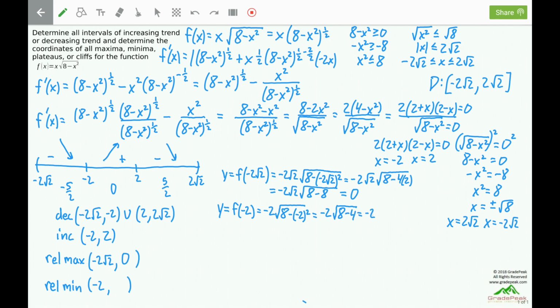So it'll be negative 2 times the square root of 4, which is negative 2 times 2, which is a negative 4. So it'll have a y-coordinate of negative 4.